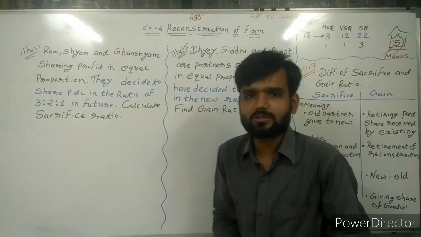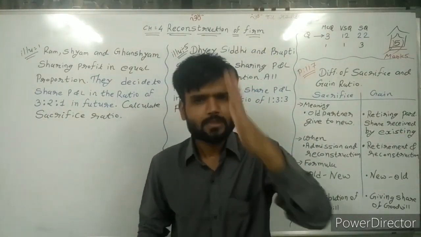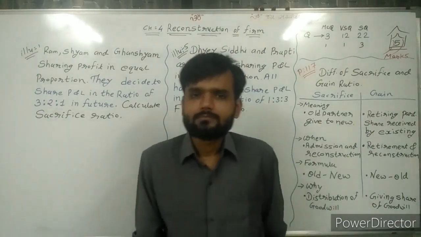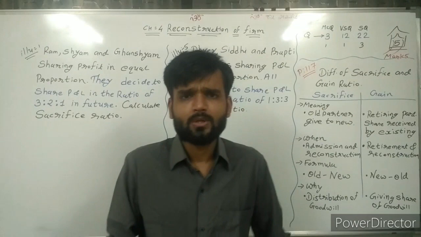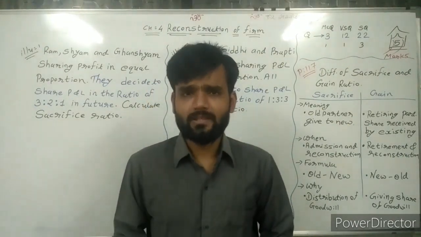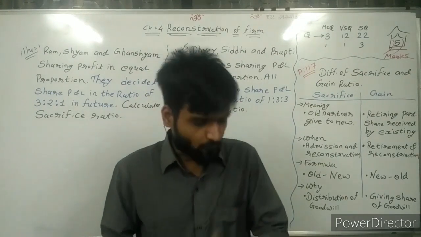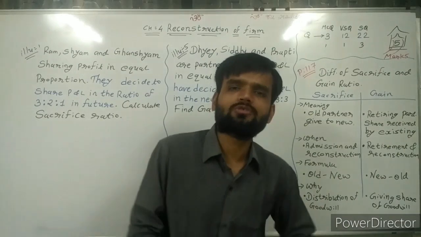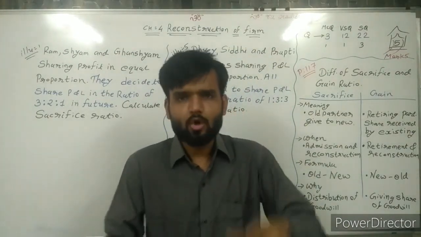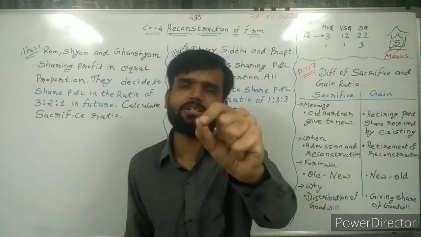Calculate the sacrifice ratio. How can we find sacrifice? For that, understand my story. Suppose your current salary is 20,000 rupees. Because of this lockdown situation, the owner tells you, I cannot give 20,000, there is a 10% deduction.